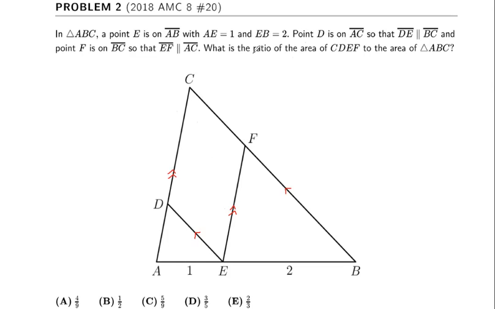So there are maybe a few different approaches to do so. Since we are interested in the ratio of the areas, maybe it's better to use similar triangles. But before we move on, if this is parallel to this guy, then the angle at B, this angle right here, and the angle at E have to be corresponding angles.